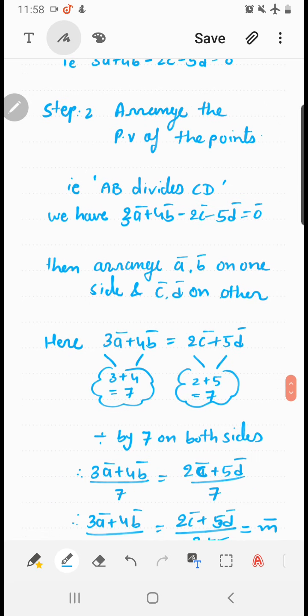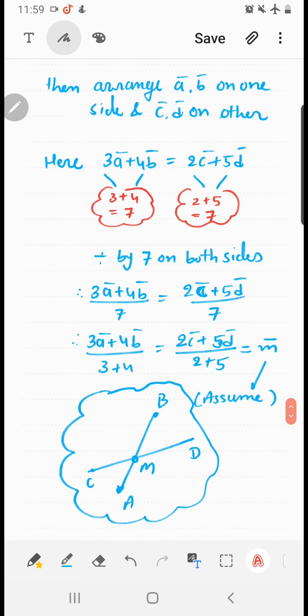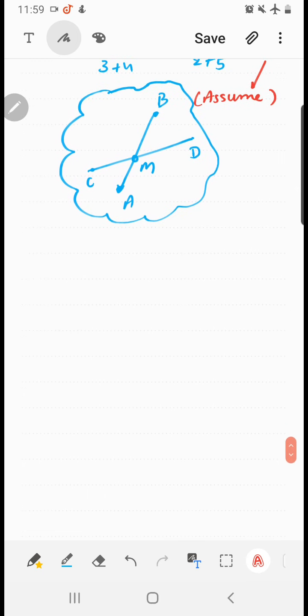Once you arrange it, you will find a common number, which in this case is 7. After getting this common number, we divide both sides by 7, and once you divide, you will see the section formula. As I said, the additional point, please remember, do not forget to assume this point, because that would be the dividing point. So this is your rule number 2.